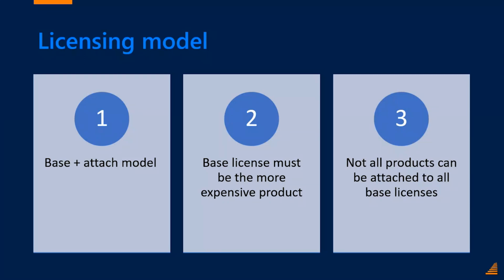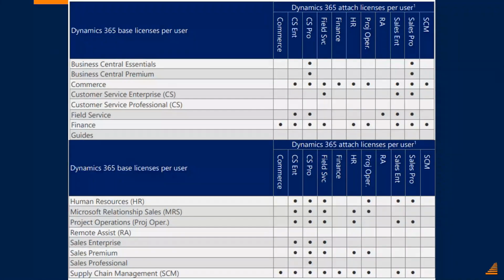And also, not all products can be attached to all other products. So you do have to get familiar with which ones can build on top of each other. And I've taken this from the Microsoft licensing guide. You don't need to study it in depth, but what it does show is you can see there where there are missing dots.